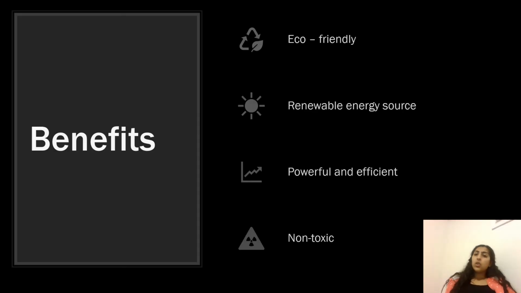Now again, there are some benefits and then there are some disadvantages of hydrogen fuel. So let's talk about benefits first. It says that it's eco-friendly because it only emits water. It doesn't emit any carbon dioxide or any other pollutant.